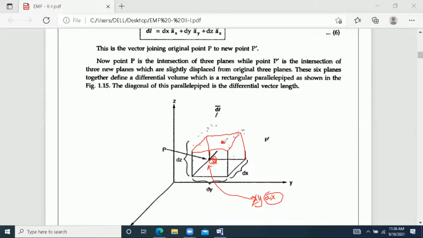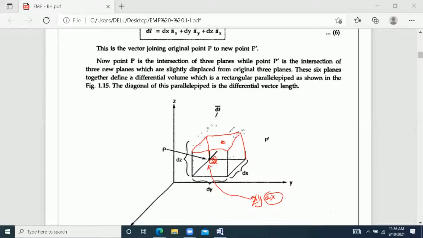This surface behind here would be the same yz, but it would be going this way. So it would be in the negative ax direction.